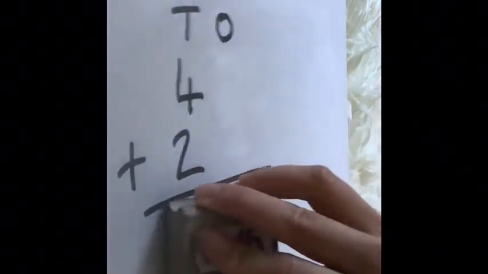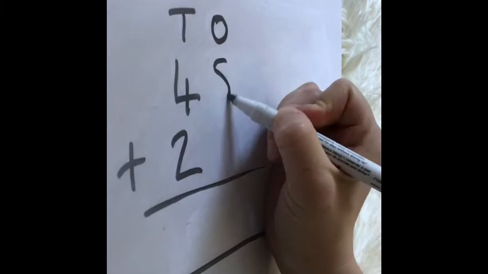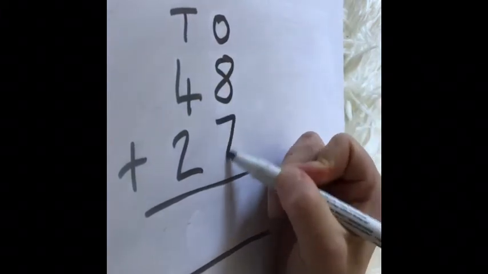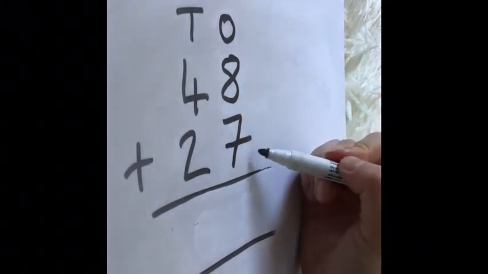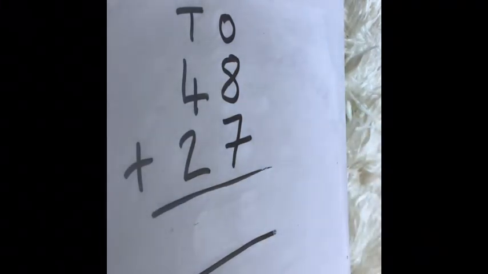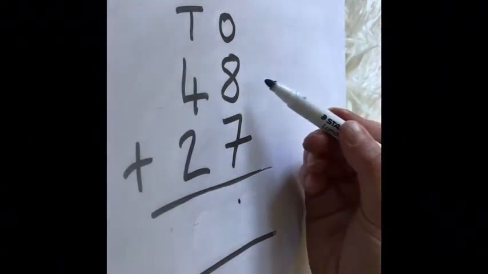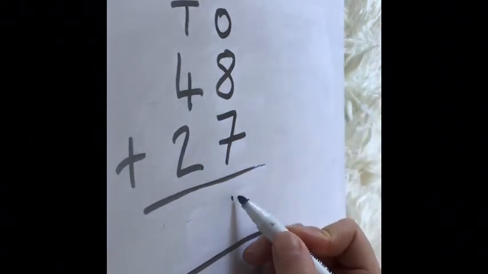So let's say that we're now adding 48 and 27. So when we add 8 and 7 together, we now have a number that has a 10 and ones. So 8 add 7 is 15.